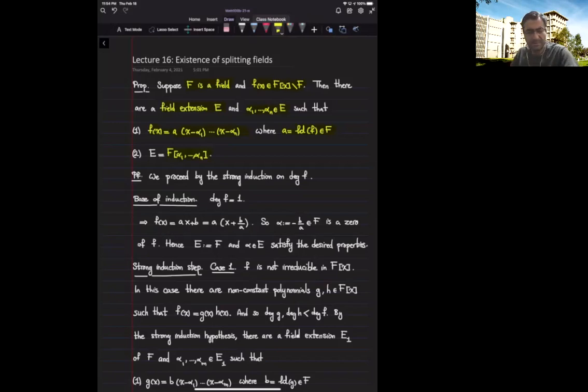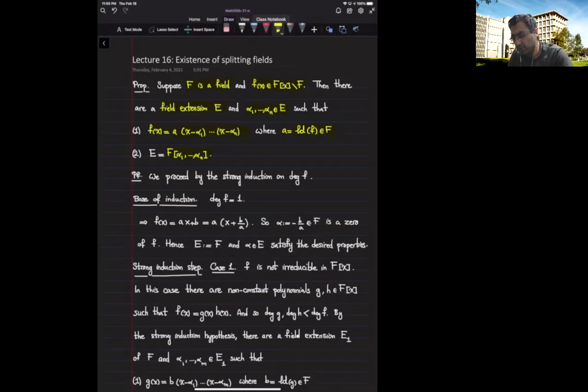Again, this is in the same sense as before. Either I can think about it like adding alpha i's one after another to the base field F, or I can think about it like a polynomial with n variables evaluated at values alpha 1 to alpha n. So both points of view work, that's fine, but this is what we wanted to show.